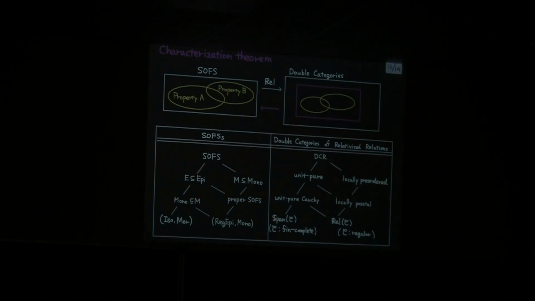Thank you for the talk. It's very interesting. Do you know the relation between the localization induced by the stable factorization system, and in particular perhaps its category of fractions, with the double category you consider, with this relation?